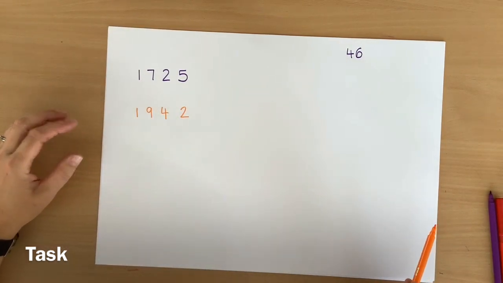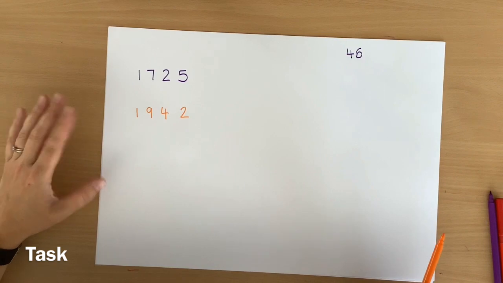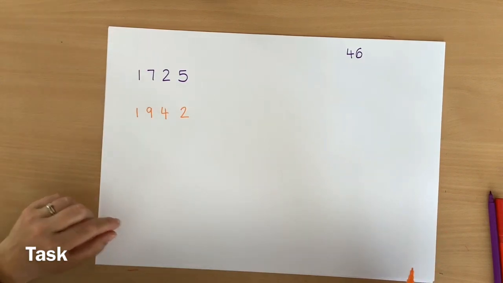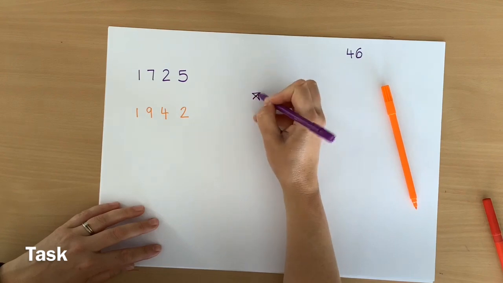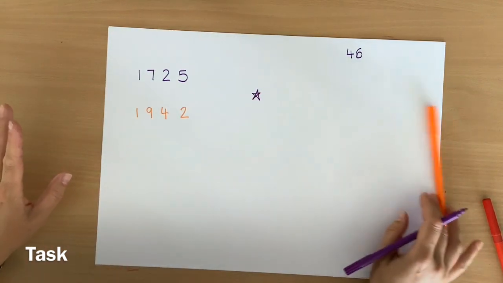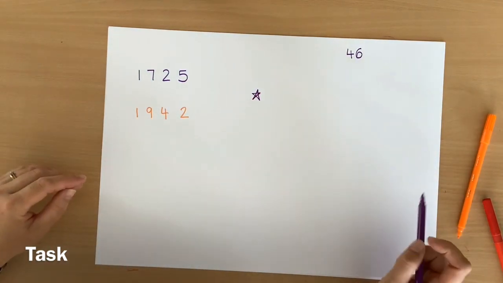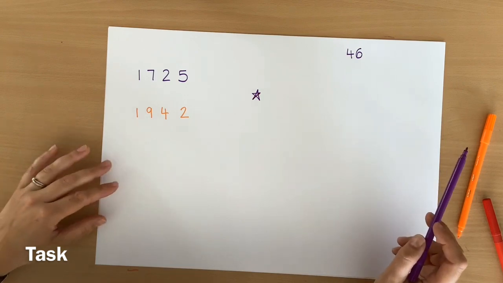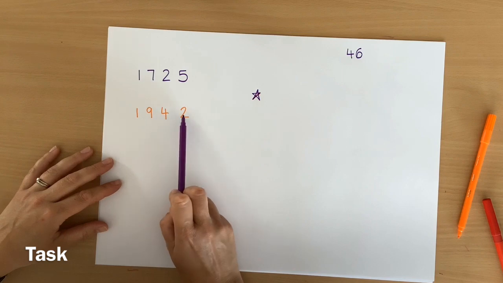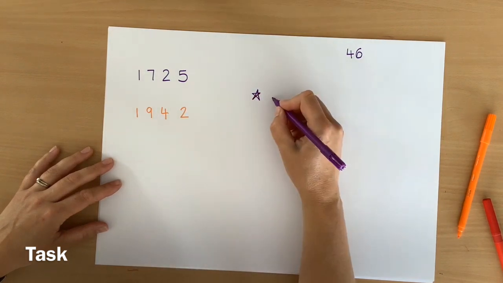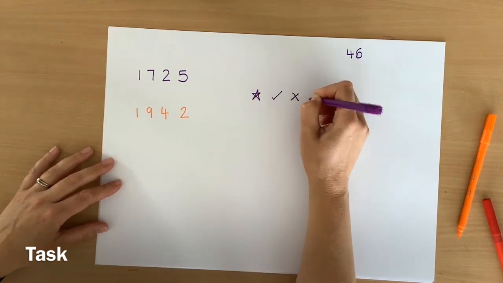First of all, you say how many are right and in the right place. And that gets you a star. Oh, the purple person will have to do that. Gets you a star. There's one number somewhere, we don't say which one it is, which is right and in the right place. Now, how many other numbers are there that are right but in the wrong place? Well, there's no 9s, there's no 4s, but there is a 2, but it's in the wrong place, so it just gets a tick. And then the other 2 are wrong.